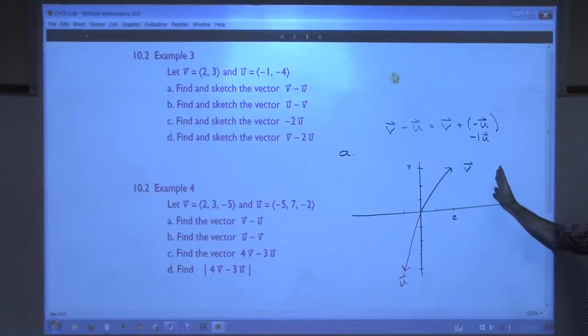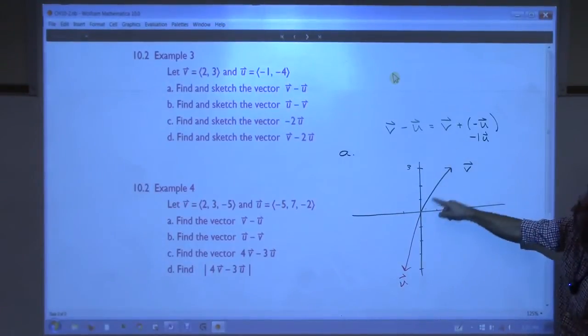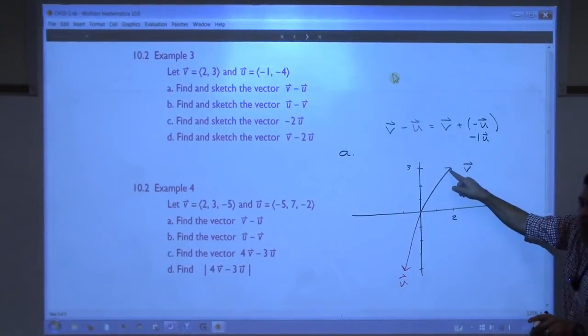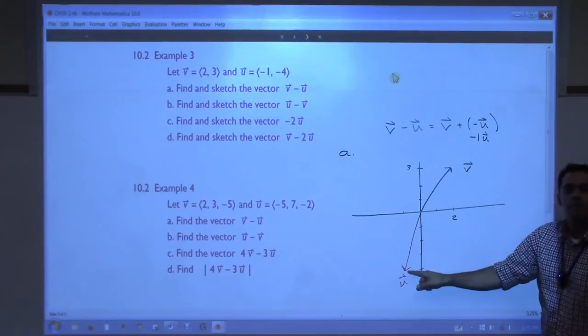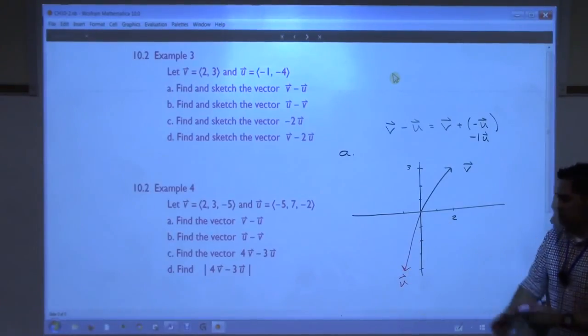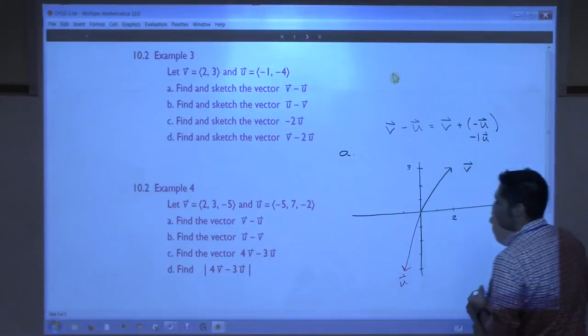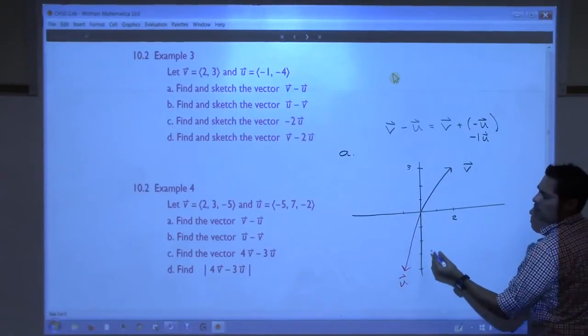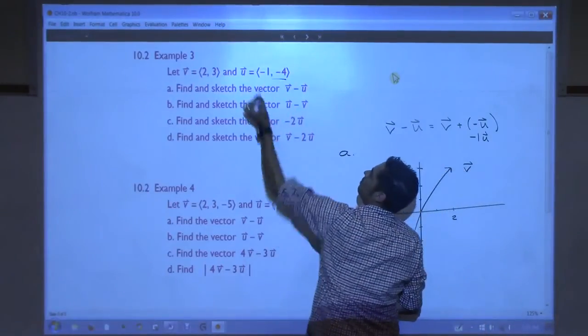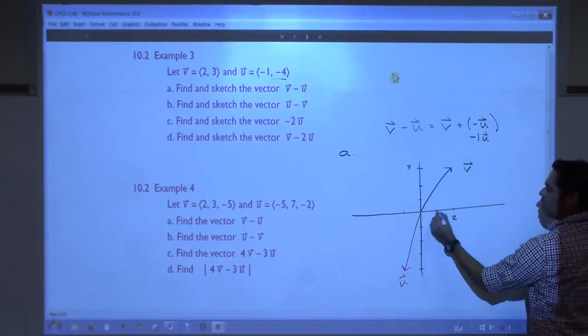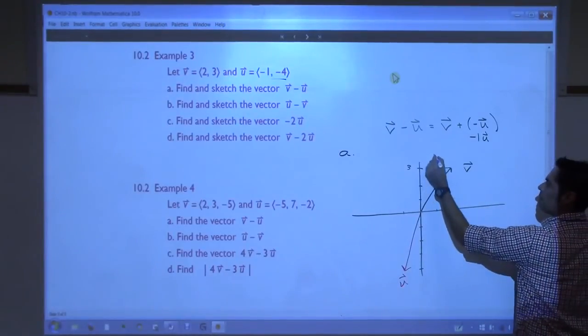So what I could do is take V and add to it this vector U pointed in the opposite direction. So why don't I draw U in the opposite direction? What would the negative of this vector be? 1, 4? Something like that?